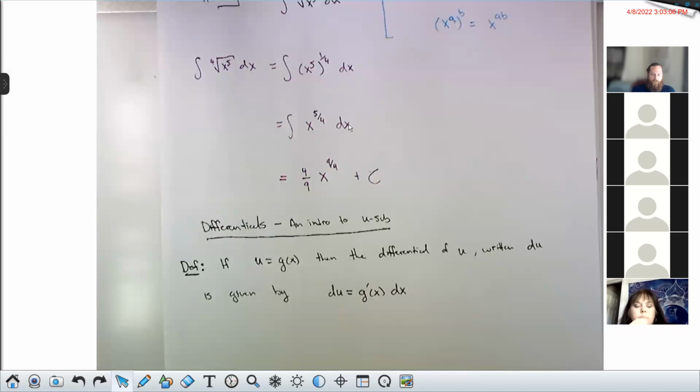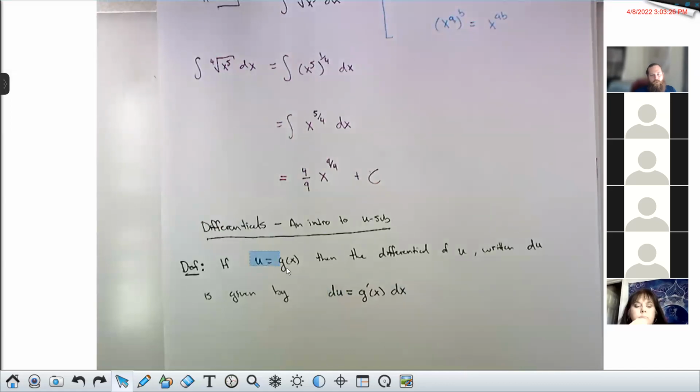Geometrically speaking, they're objects called differential one-forms that map a tangent space to a manifold down onto the real numbers. The way Newton and Leibniz and mathematicians who first discovered this thought of it, they thought of dx as an infinitely small change in x and du as an infinitely small change in u.